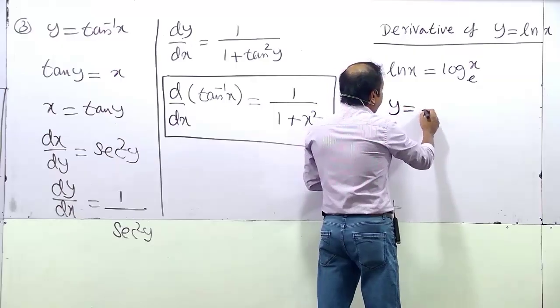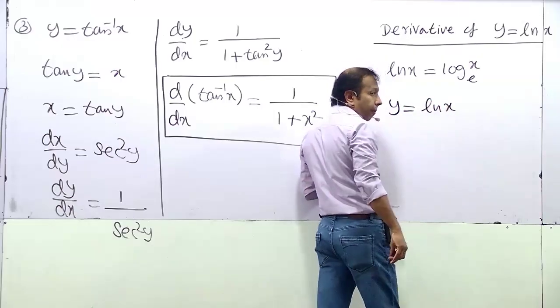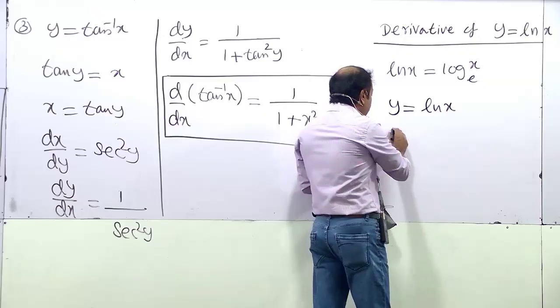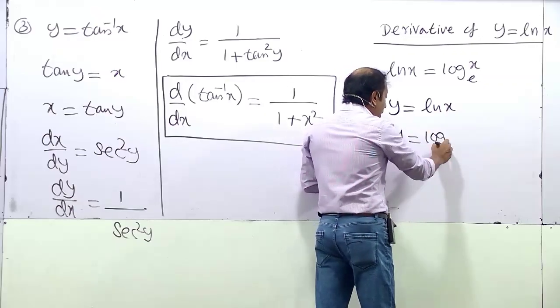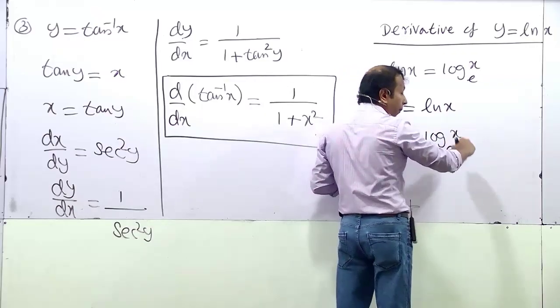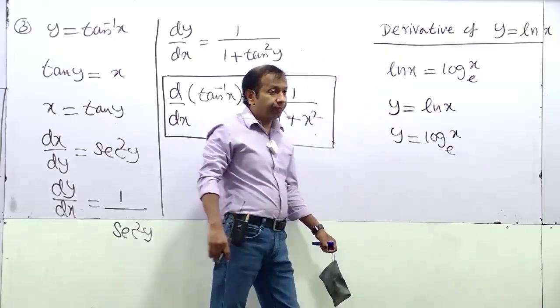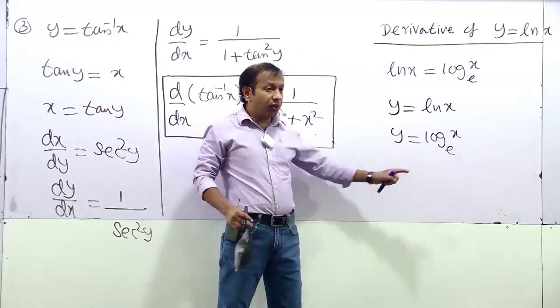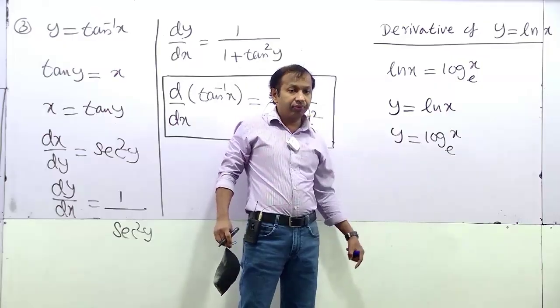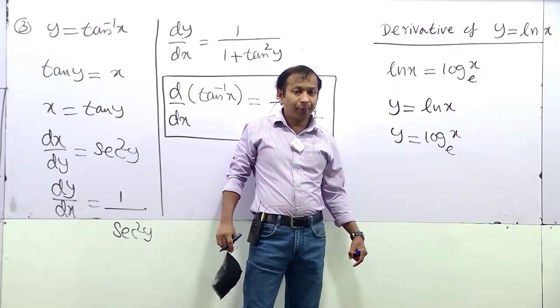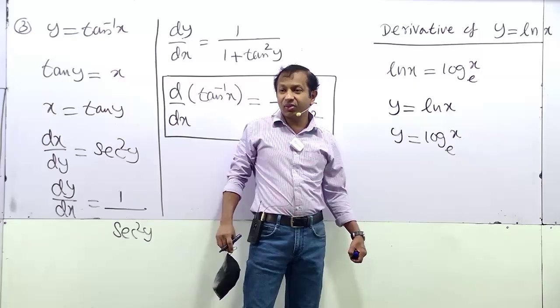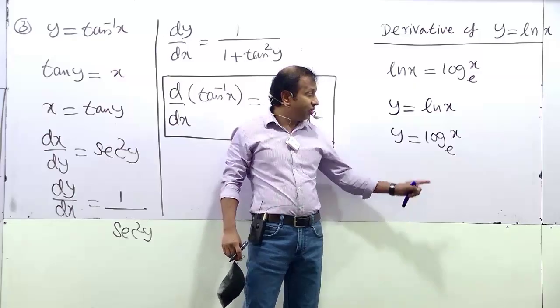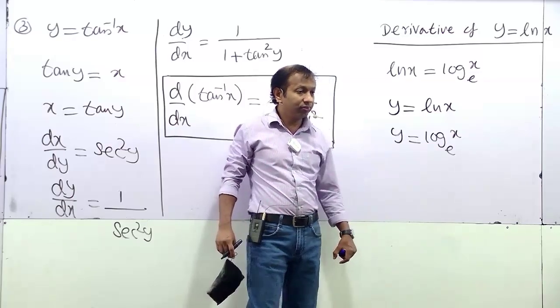Now let us see how to find the answer. Y equals ln x. That means y equals log base e of x. People, convert this logarithm to index form. We learned logarithms. Convert this log form to index form.